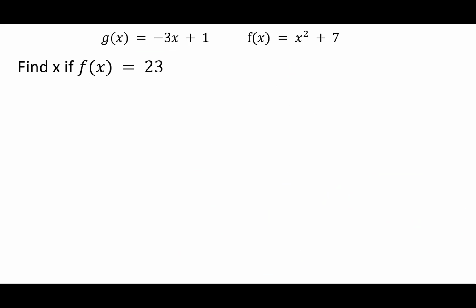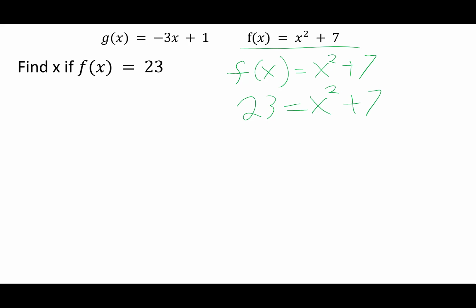All right, what if we have find x if f of x is 23? Well, which function am I going to use? I'm going to use the f of x. So we're going to plug in 23 for f of x. Now I can solve this for x, right?